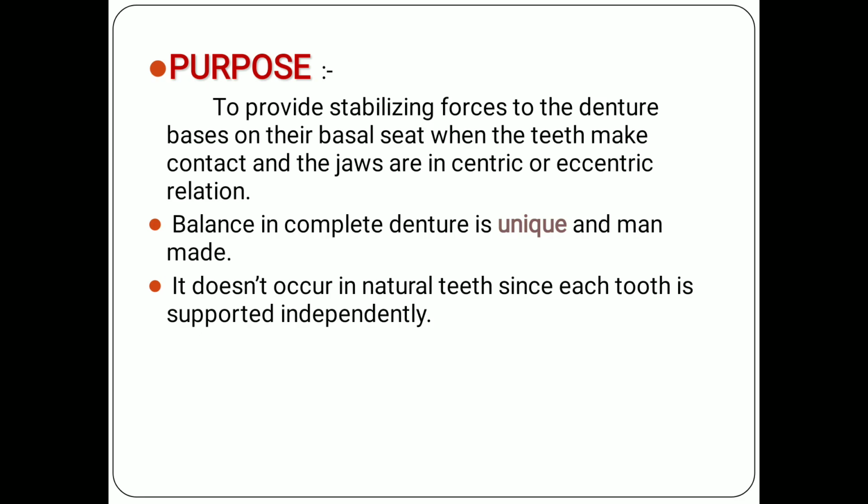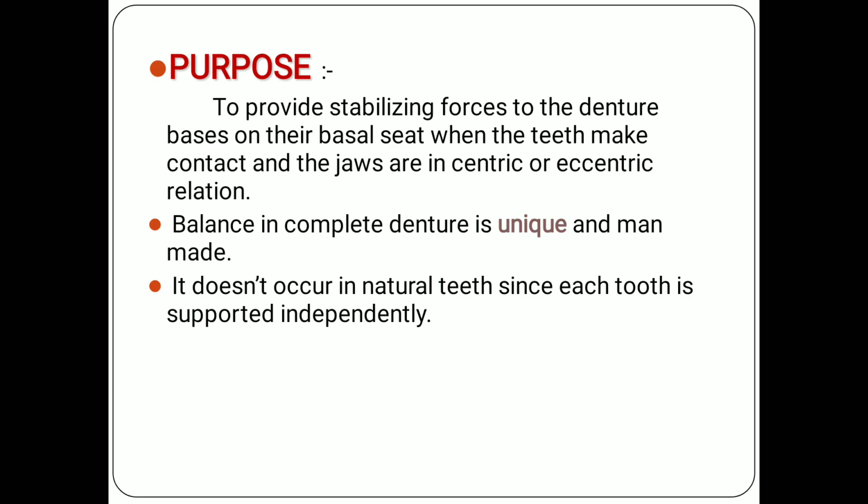So different types of forces will be established, and mainly to normalize the stabilizing forces in centric or eccentric relations, we give this balanced occlusion. It is completely artificial. It is man-made. There will be no balanced occlusion in normal human dentition. It does not occur in natural teeth since each tooth is supported independently.